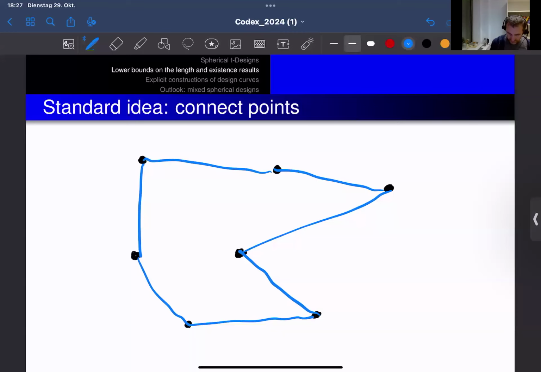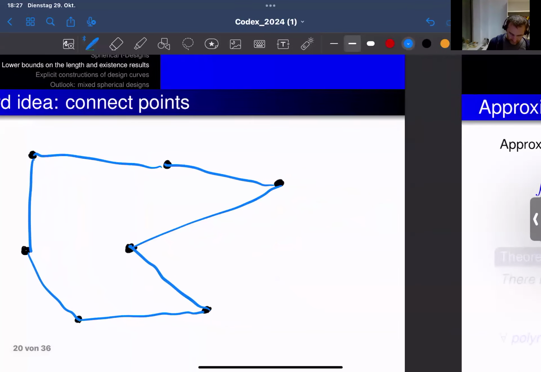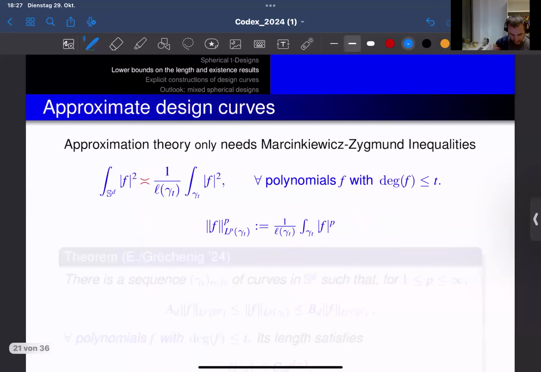But at least for this type of curve, we can actually verify something similar, because in approximation theory, we do not really need equality between the integration over the entire sphere and the path integral of the polynomial.